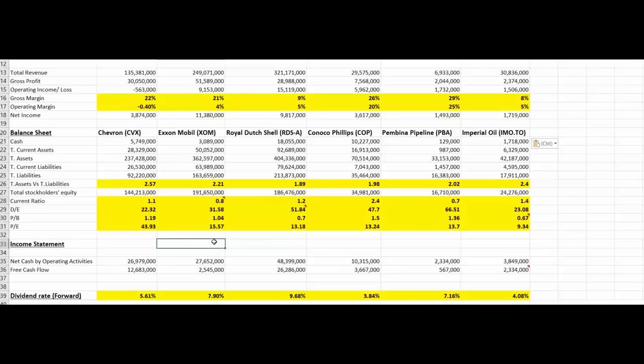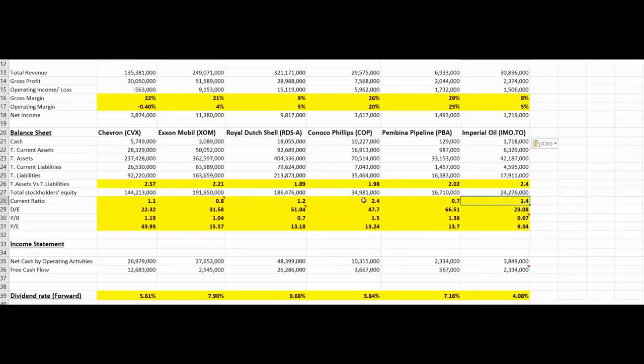But anyway, one ratio is never the deciding factor, so we will go through the other ratios as well. When it comes to the current ratio, ExxonMobil is one of the riskiest amongst all, and Pembina Pipeline as well. These two have the lowest ratios, and these are a bit risky according to me. But ConocoPhillips is 2.4, Chevron 1.1 and Imperial 1.4.